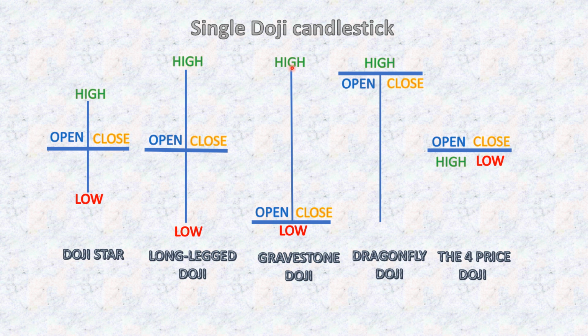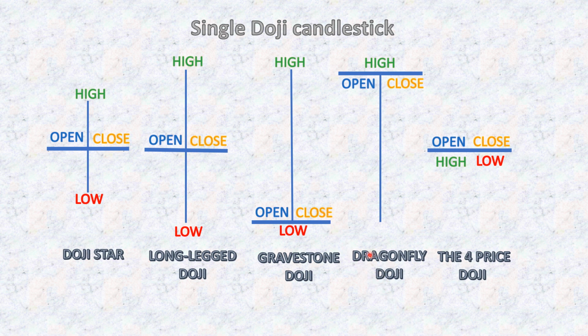And when it comes to this place, the higher price is rejected by the sellers, and the sellers push the price down, and it comes all the way here and closes the candle at this place. Now we have to wait for a confirmation candle. If the confirmation candle is a bearish candle, a red candle, then the trend direction will change from upward to downward.